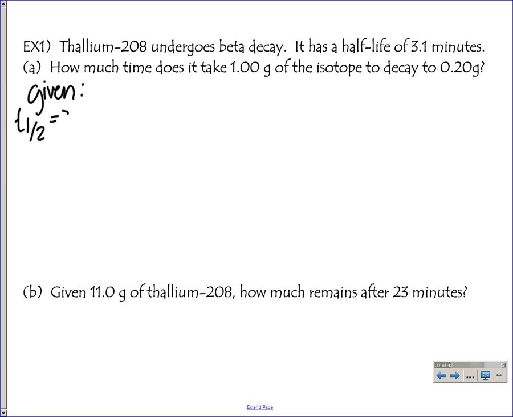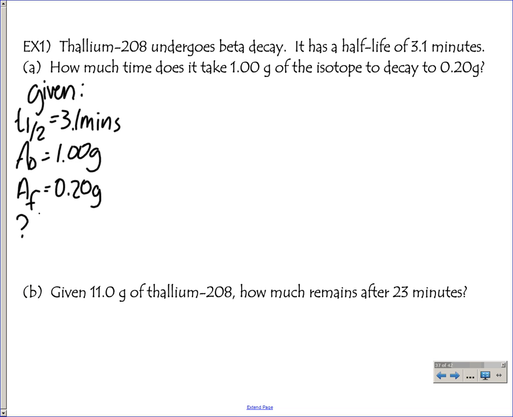The half-life is equal to 3.1 minutes. A naught, the original mass, is 1 gram, using all my sig figs. We now also have the final mass, or A t. I sometimes write A final. And then we want to solve for t, because it says how much time does it take for 1 gram of the isotope to decay to 0.2 grams.